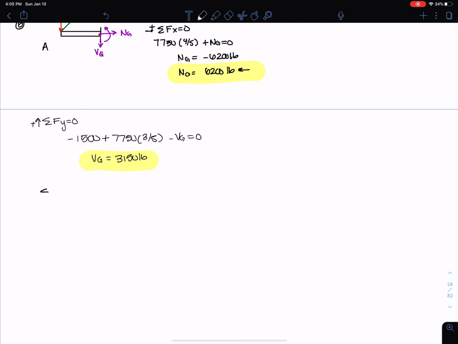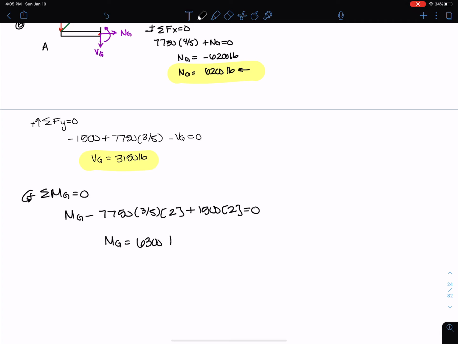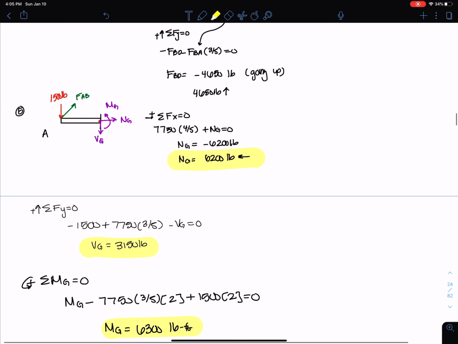And lastly, I can sum moments about point G, counterclockwise is positive, and I get MG minus 7750, the 3/5 component, times the moment arm of 2, plus 1500 times the moment arm of 2, and I get MG is 6,300 pound-feet. Okay. So a lot of statics work to get just 3 internal forces of the member, okay?